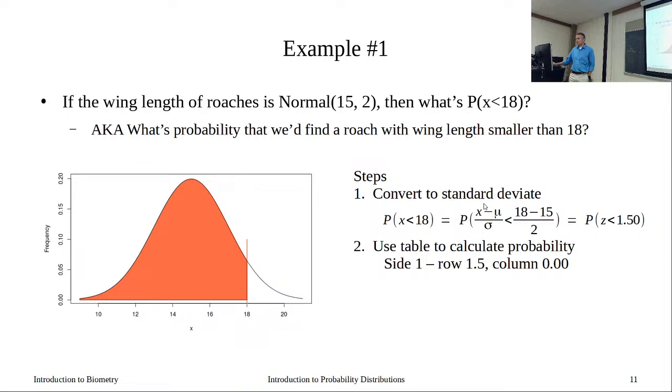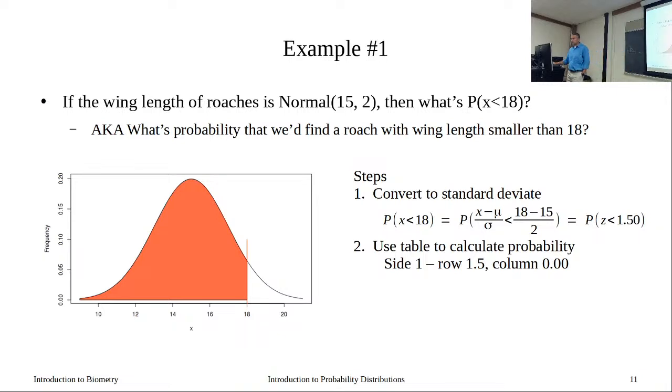So that is our conversion to a z. And we're asking, what's the probability that we get x less than 18? Well, 18 minus 15 over 2 converts it to 1.5. So now we're asking, what's the probability of finding a roach with a wing length that is 1.5 standard deviations above the mean or less?